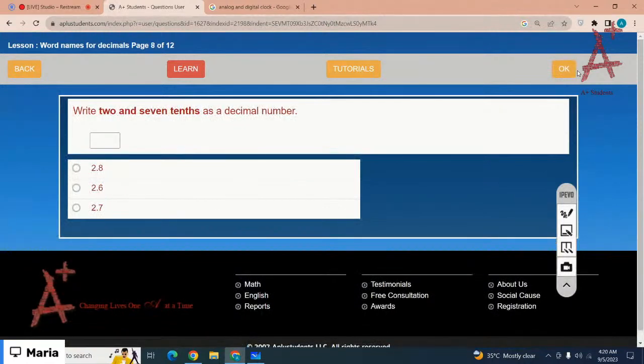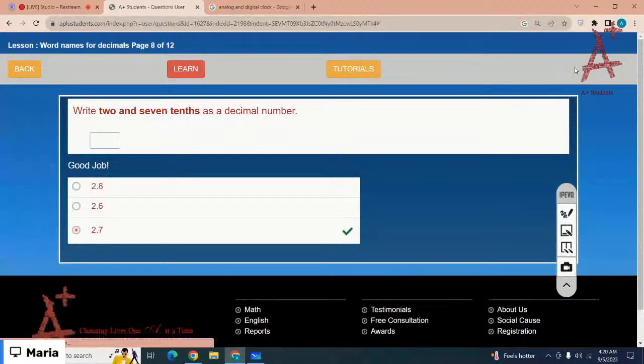Very good, Patch. Write 2 and 7 tenths. Which is the correct option? 2 is the whole number and 7 would be at the tenths position. So that would be 2.7, right?